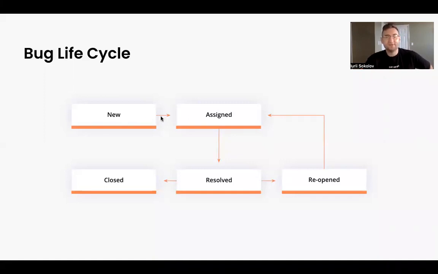Then during this transition, someone will look into this. Usually, which is called the bug triage, either developers, QA managers, product managers, project managers, anyone can do this. They will look at this bug report and say, okay, we think it's a real issue. And then they will assign it to a developer. In some cases, they may say, well, you know what, this is not a bug.